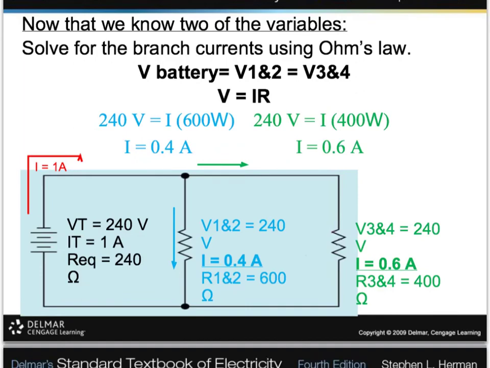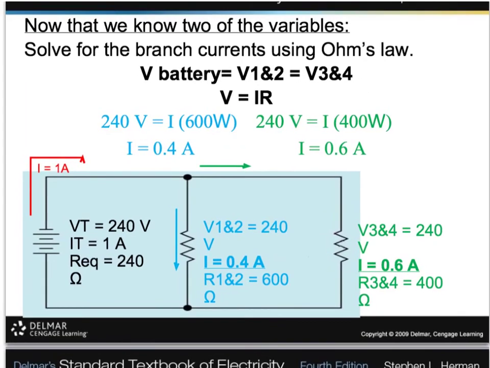So now what we know is we know the voltage going through the first branch here, and we know the resistance of the first branch, so we can do V equals IR. 240 volts is equal to the current times 600.